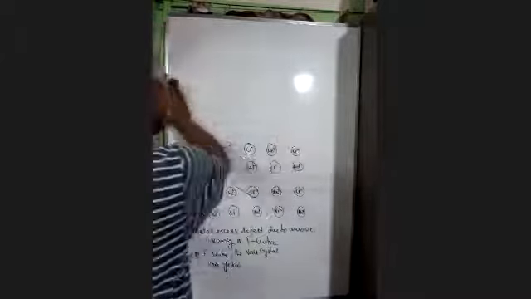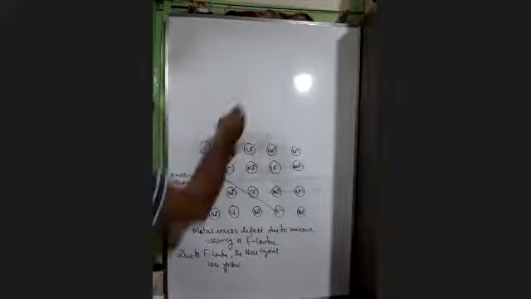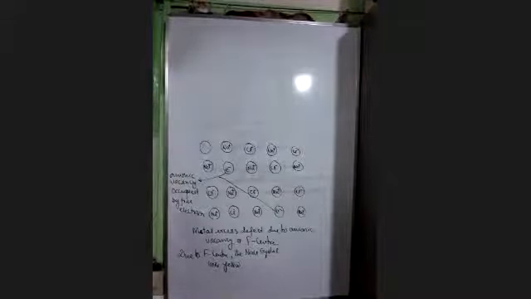See, I had already told you several times that any color is due to electronic excitations. See here, the electrons are free. When the electrons are free, it is very easy to excite.